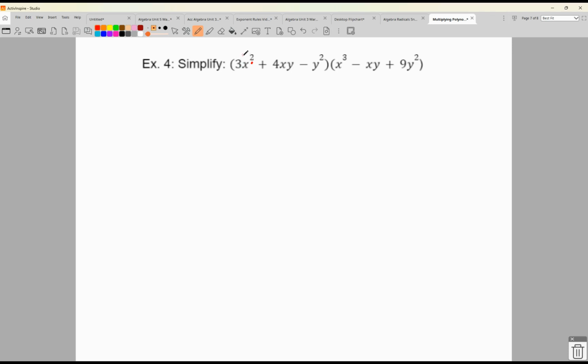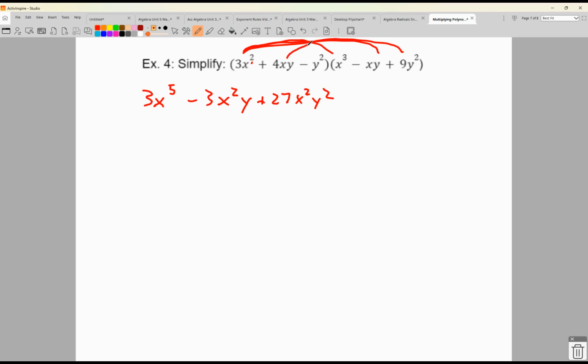I'm going to start by distributing out this 3x squared. 3x squared times x cubed is 3x to the fifth. 3x squared times negative xy is negative 3x squared y. 3x squared times 9y squared is 27x squared y squared.